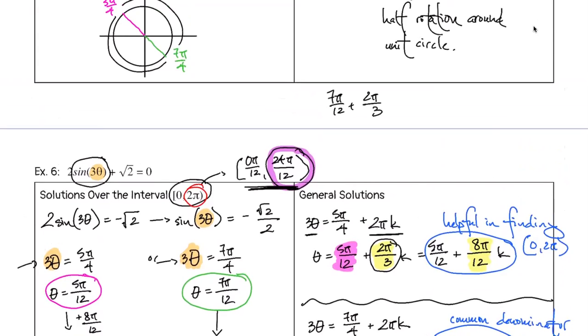How would you add these? Because if you wrote this, that would be real wrong. Right? How do you add those?